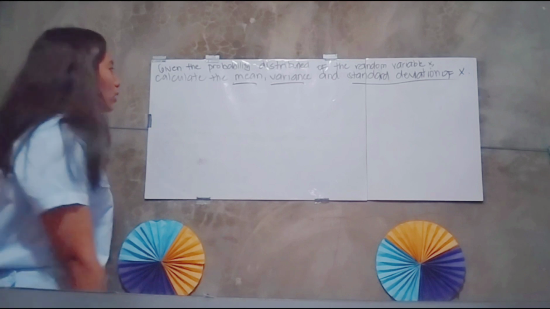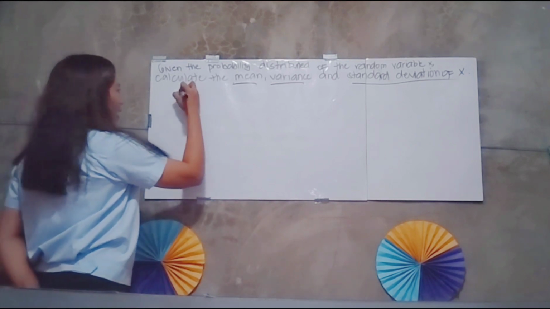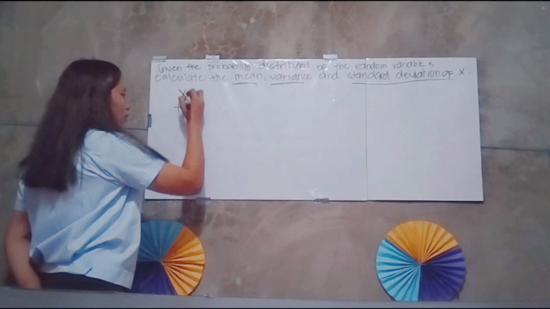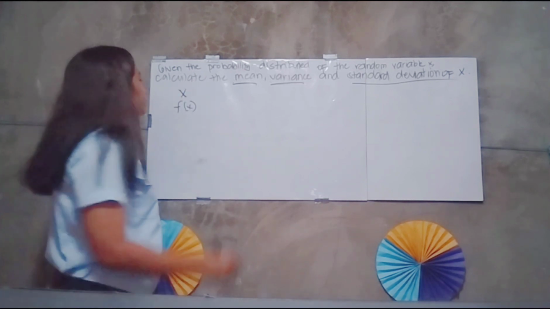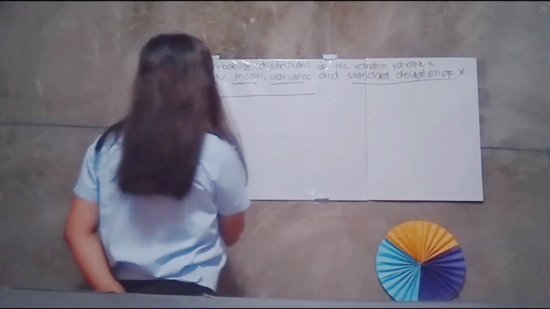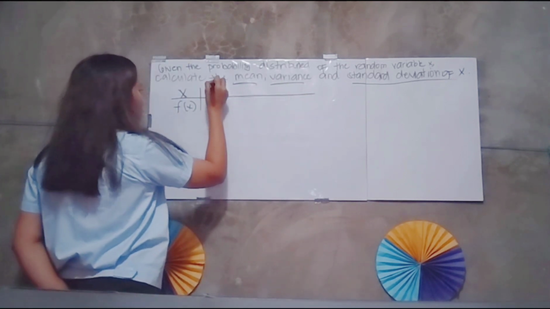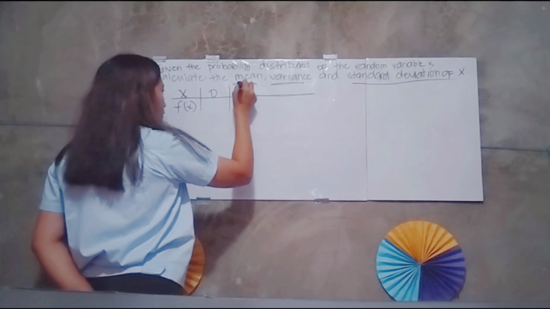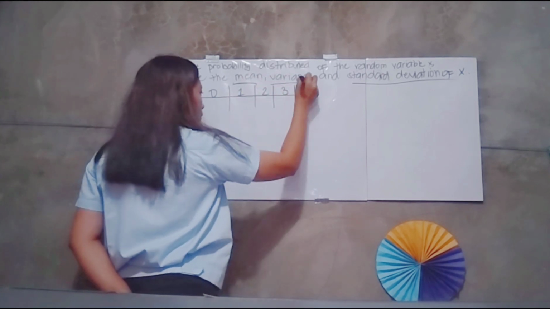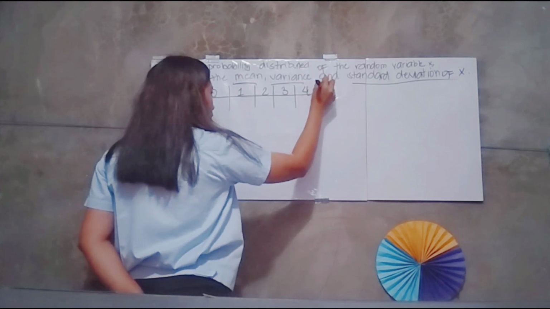So, sulat ko muna yung table, x and f(x). X for random variable. So, we have 6 random variables: 0, 1, 2, 3, 4, and 5.